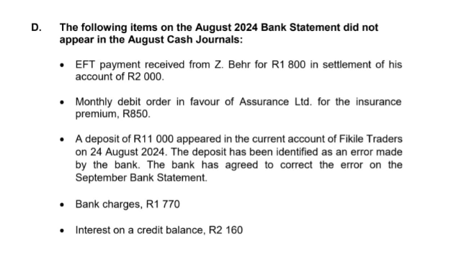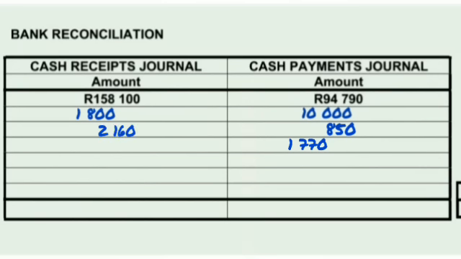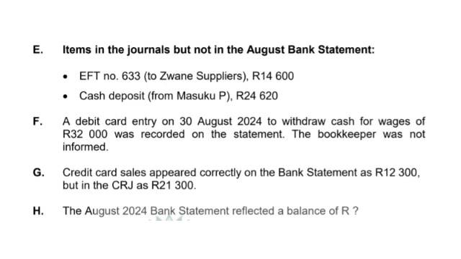And then the last bullet point there is about interest on a credit balance of 2,160. A credit balance on the bank statement means that it's my money or the company's money, meaning it's a good thing. So it becomes an income because we are being given interest for having a positive bank balance. So that 2,160 is going to go into my cash receipts journal.